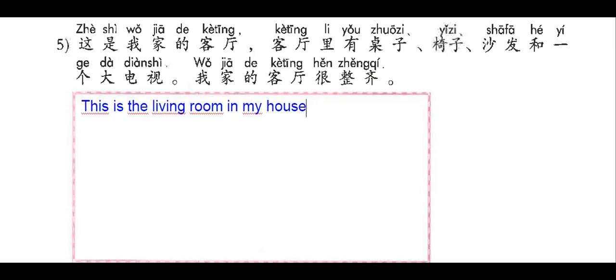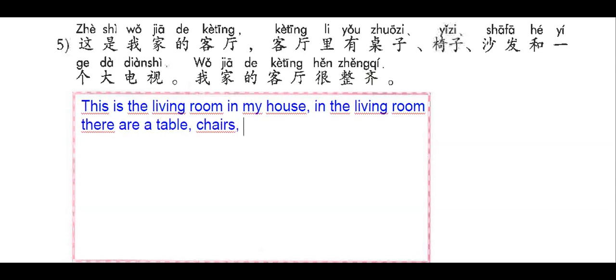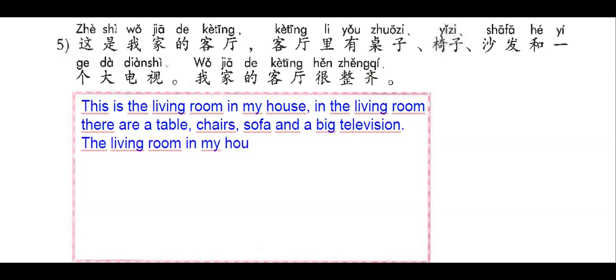Remember, 客厅 living room. In the living room, there are table, chairs, sofa, and a big TV, okay? Television. You can say television or TV. The living room in my house is very tidy.